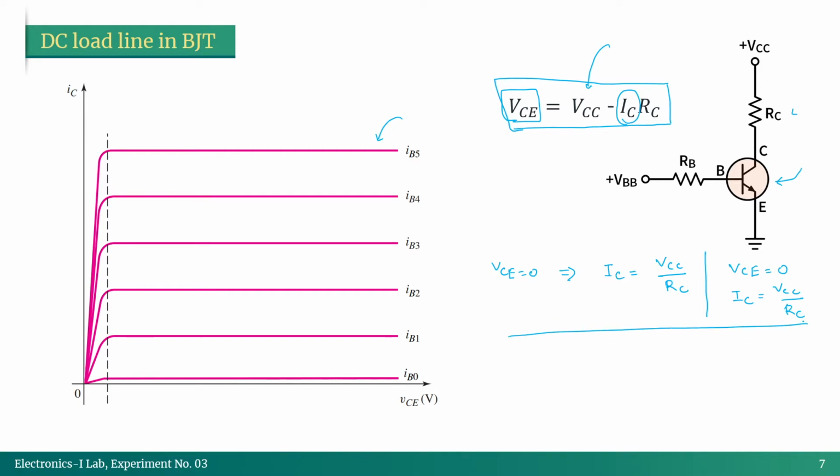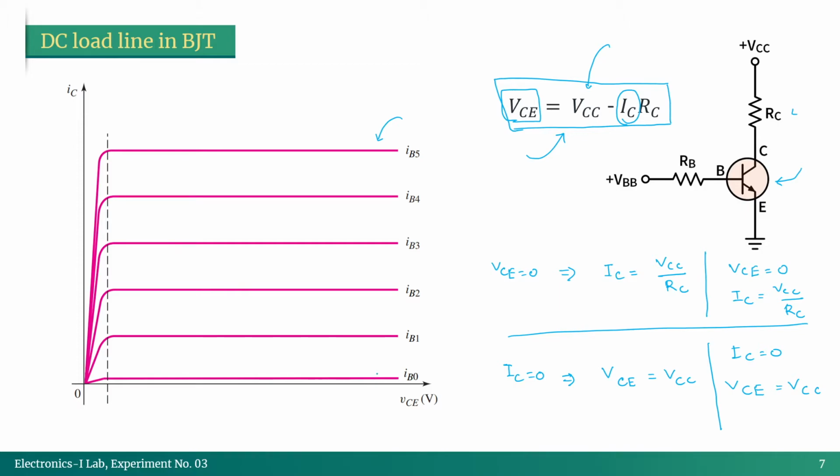For another case, we can put IC equal to 0 in this equation, then find out the value of VCE. At that moment, VCE will be equal to VCC. So another point is IC equal to 0, VCE equal to VCC. These 2 points can be plotted in this graph to get the linear equation, or the line we are trying to find out.